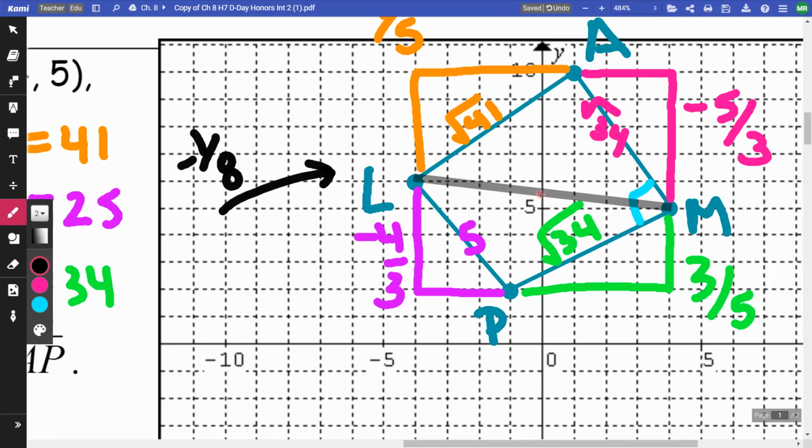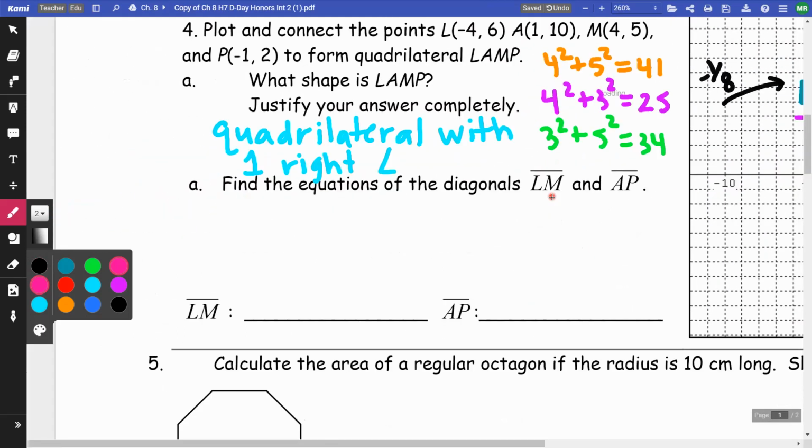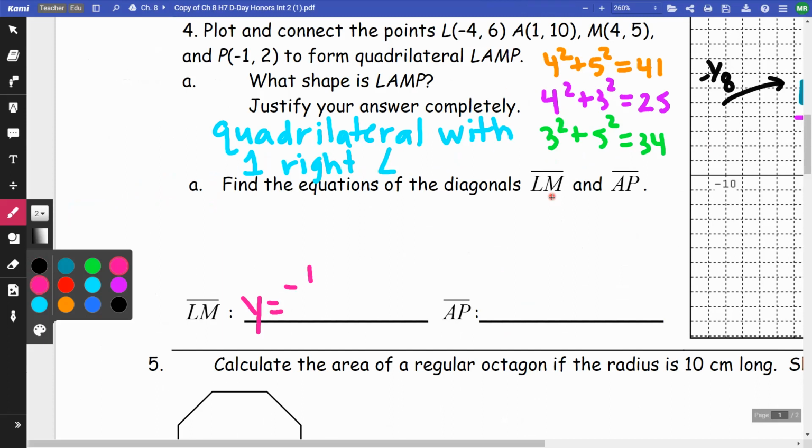Now, since it's a negative 1 over 8, what's going to happen is right here, if I'm going down 1 over 8 and halfway in between is 4, instead of going down 1 over 8, I can go down a half and over 4. So I'm going to actually have a y-intercept right here at 5.5. So that means my line is going to be y equals negative 1/8 x plus 5.5.